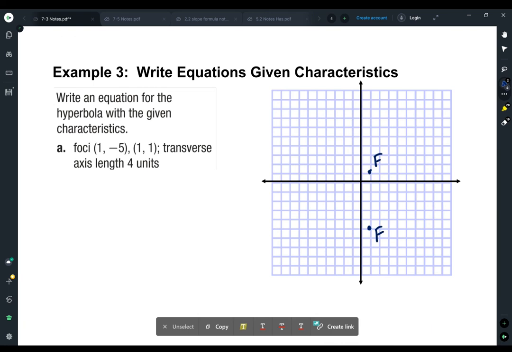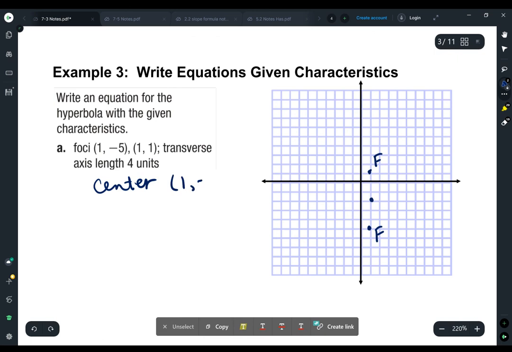So right away I could get the center. I know I haven't even read the second part of it yet, but my center then is going to be right in the middle of those two, which is 1, -2. And I could even figure out from my center to one of my foci, that's that little c.